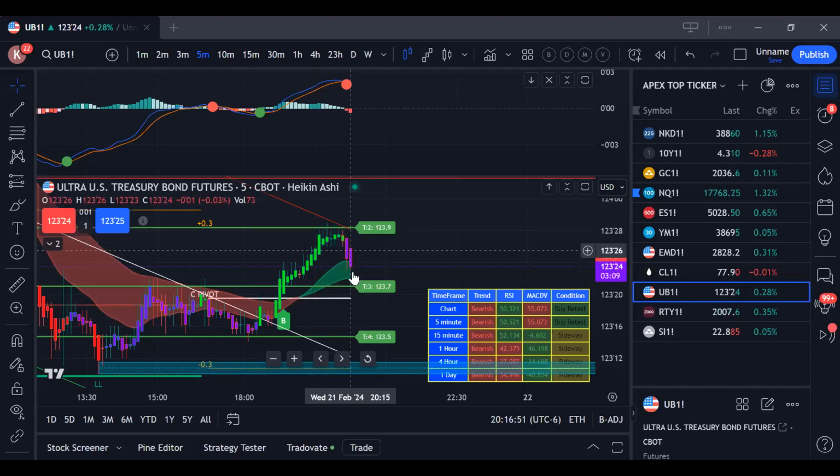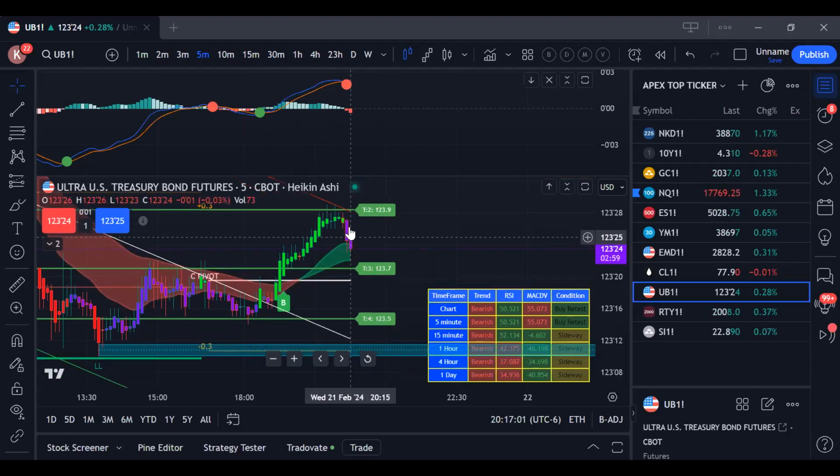Here more number of sellers. So till the time buyers were taking control, here both of them were fighting with each other, equal number. Now sellers are taking control. So there is high possibility for price to go down, but better to wait for one more candle, right? Another 5 minutes. Then if it comes below it, then we can confidently enter a short.